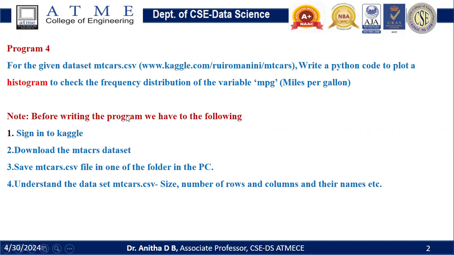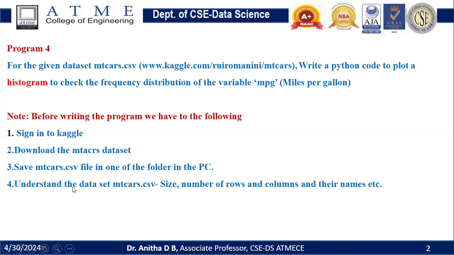So before writing the program, we have to do the followings. First one, sign into Kaggle, then download mtcars dataset. Once you have downloaded the mtcars dataset, save this file, that is mtcars.csv file, in one of the folders in your PC.